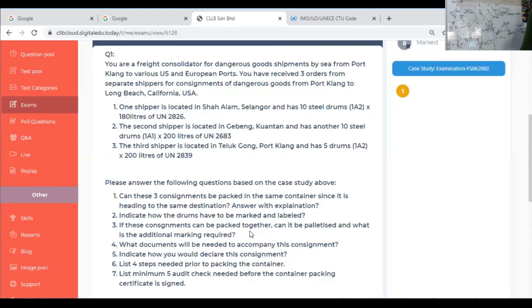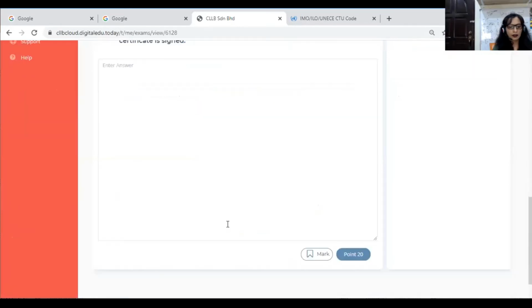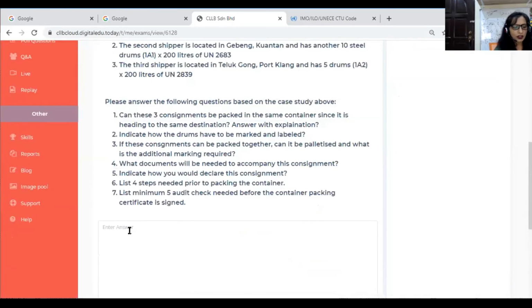So when you answer this question, because they ask you to explain, let's go to the answer sheet. When I answer the first question, can they be packed together?